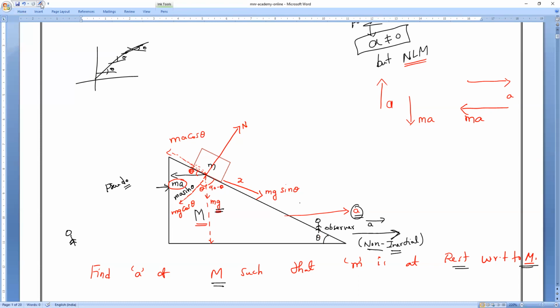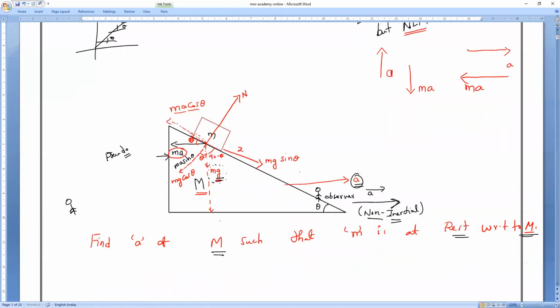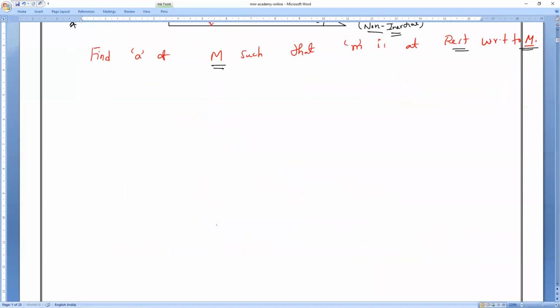The pseudo force is also acting at an angle theta, so here also there is an X component and a Y component. The X component, acting in the opposite direction, is MA cos theta, and the Y component is MA sin theta. As soon as you represent the X axis and Y axis, this mg will disappear. We always made that. Do you remember, everyone?